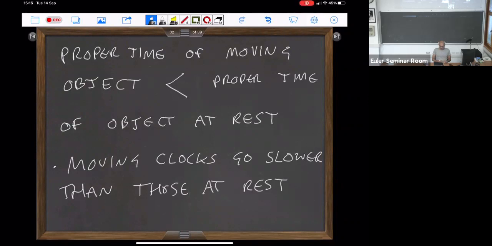Another way of saying it is that moving clocks go more slowly than clocks at rest. And this is something which is very well experimentally verified.